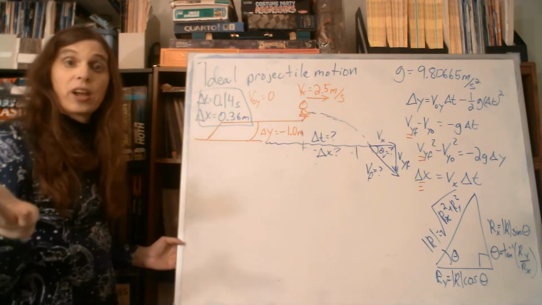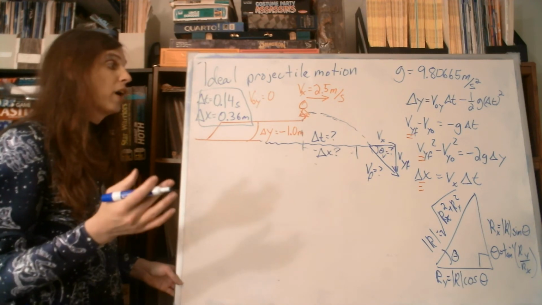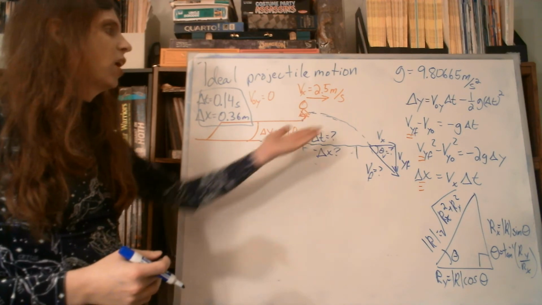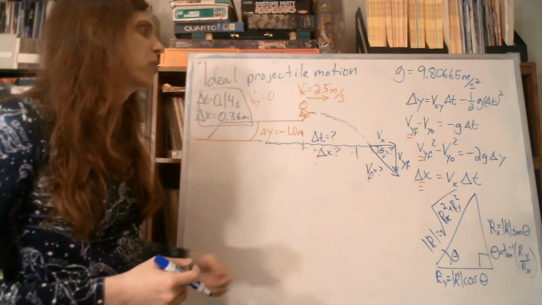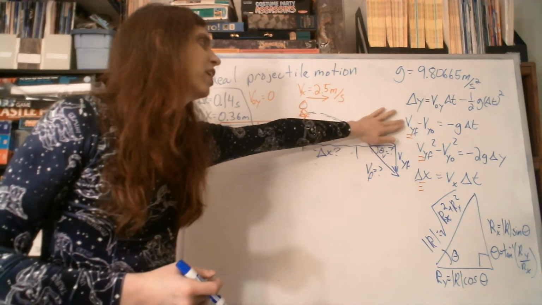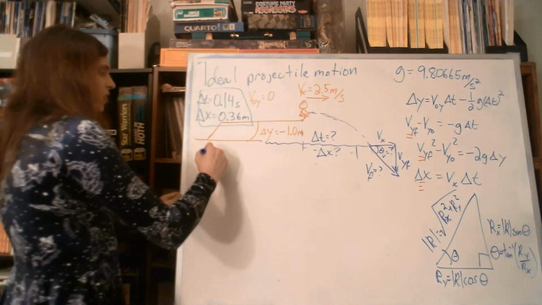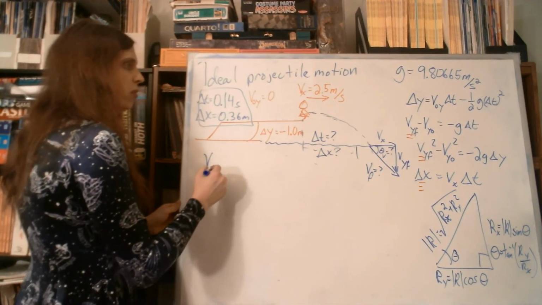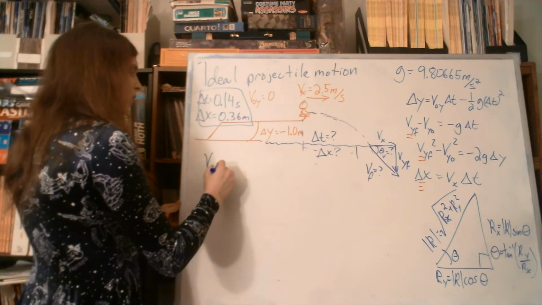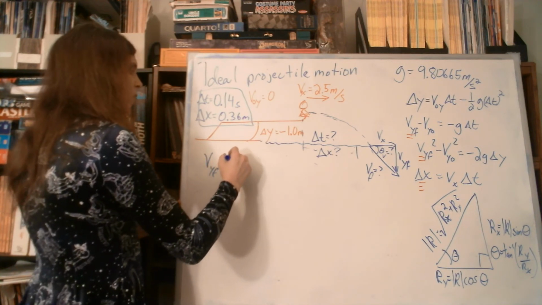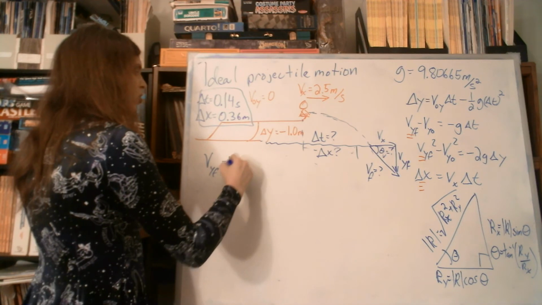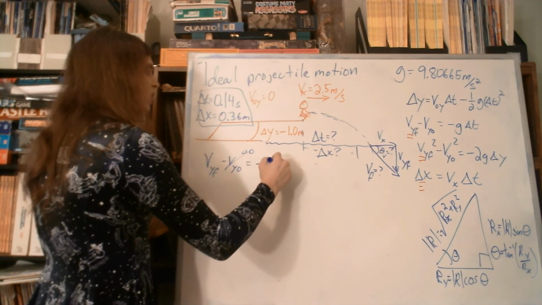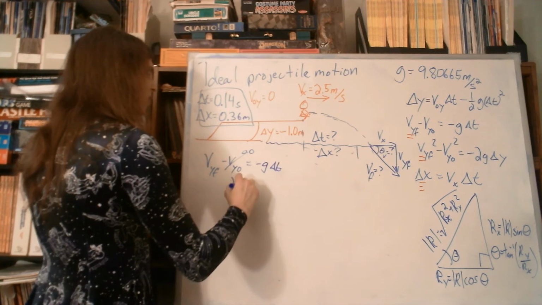Okay, so let's find that final velocity in the y direction. We could work with either of these two. I'm going to say this one's slightly simpler, so let's run with that. V final y minus the original y, which was 0, is minus g delta t.